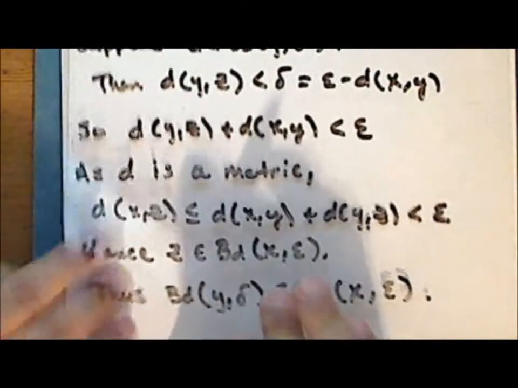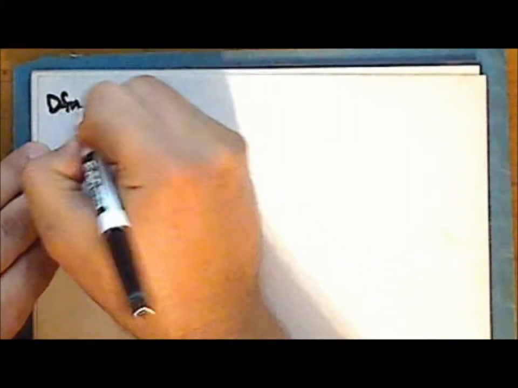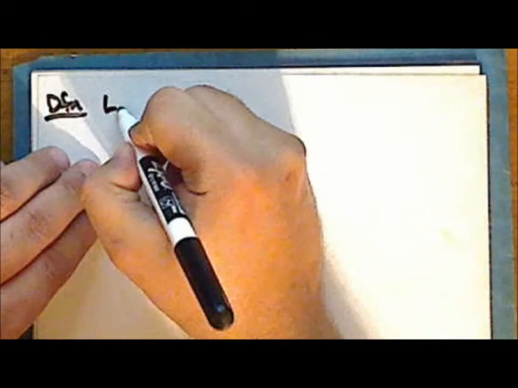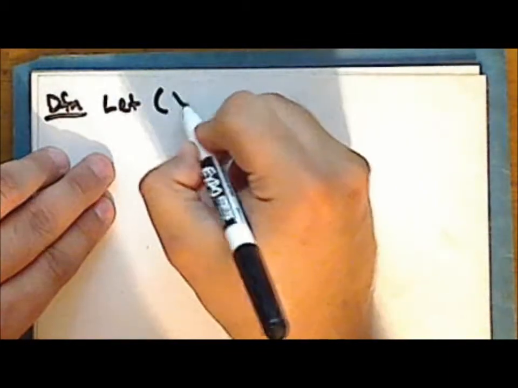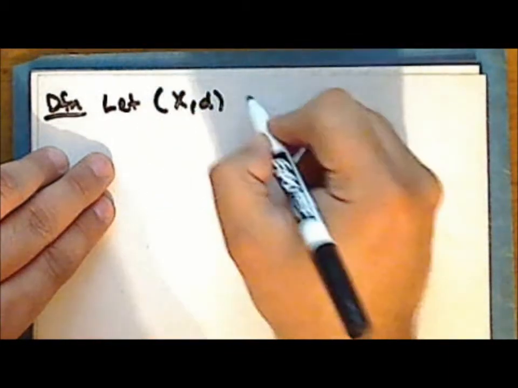All right. We'll now use this lemma to establish the metric topology. Again, let X with some metric D be a metric space.